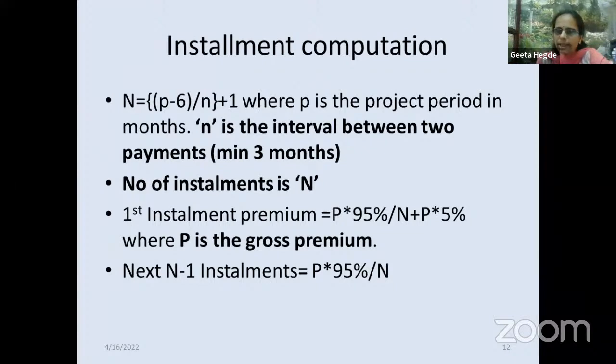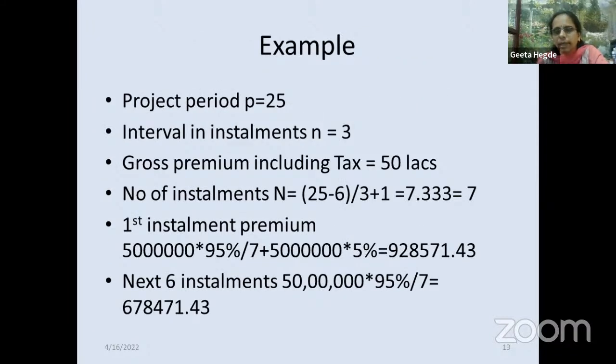Small n is the interval between two payments, so 3 months. Number of installments is to be calculated as capital N, and the first installment is calculated as P into 95% divided by N plus P into 5%, where P is the gross premium. Next installment will be N minus 1. So if the project period is 25 months, interval is 3 months, gross premium is 50 lakhs, then number of installments is calculated as 25 minus 6 months divided by 3 plus 1, that is 7.333, that is equal to 7 installments.